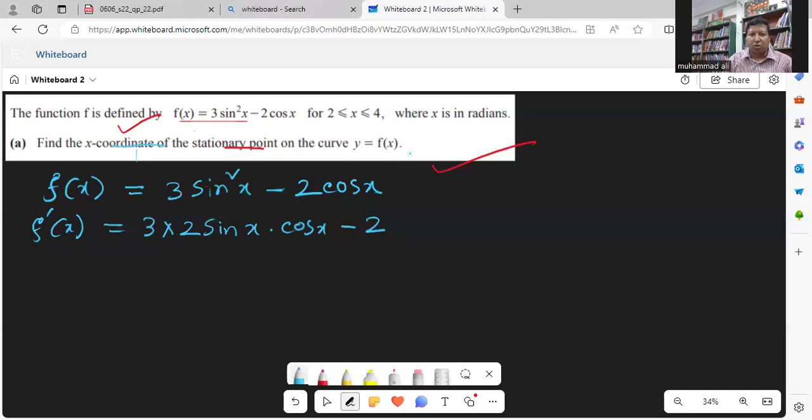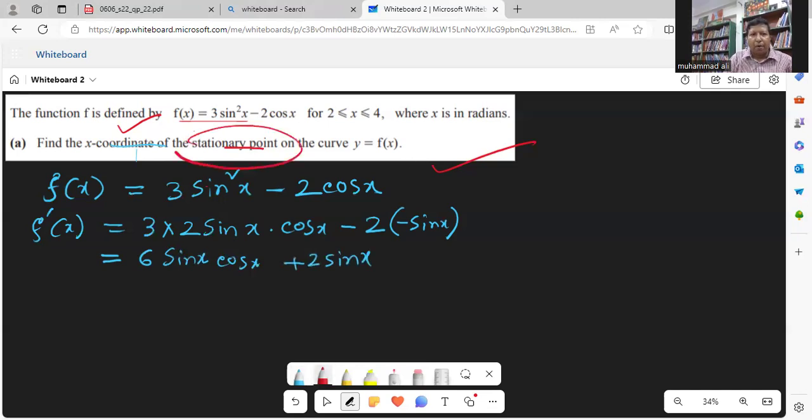Differentiating cos x with respect to x gives minus sin x. So we write 6 sin x cos x + 2 sin x.